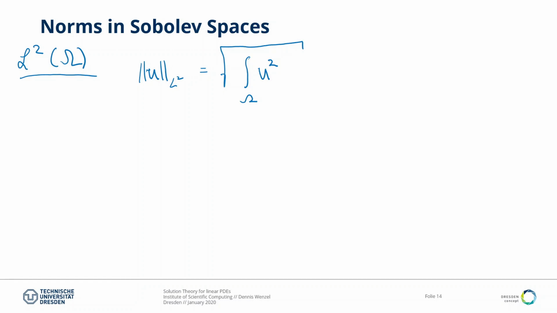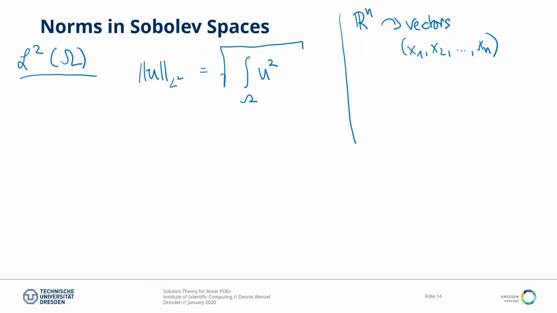As a quick side remark, if you talk about norms in Rn spaces, the space Rn is composed of vectors of individual real components, something like x1, x2 up until xn.